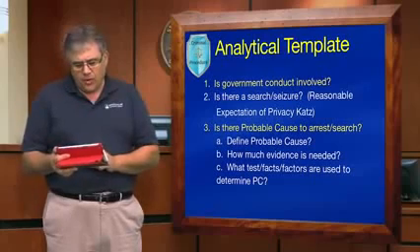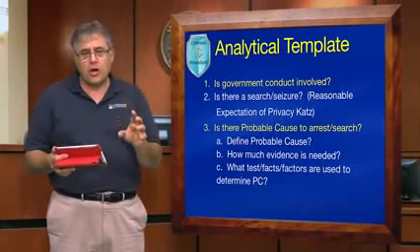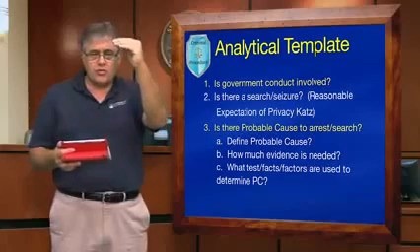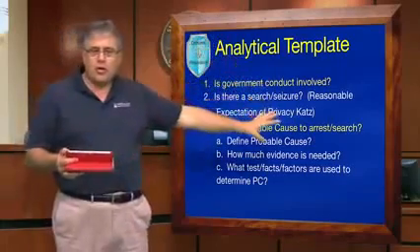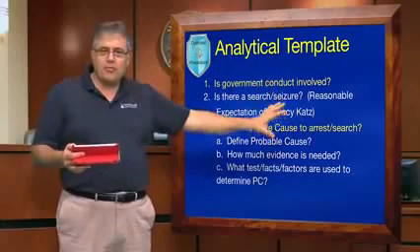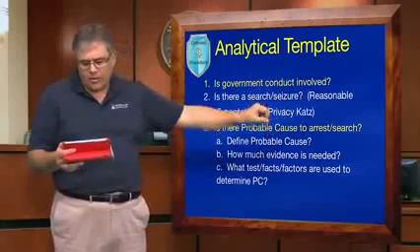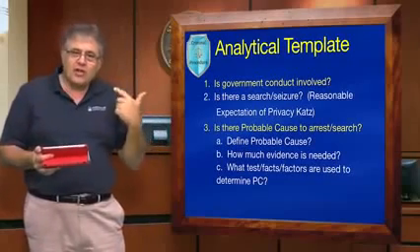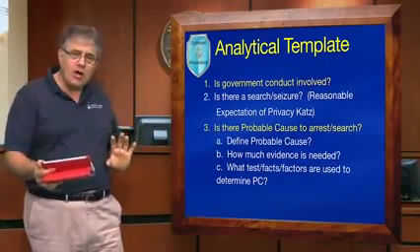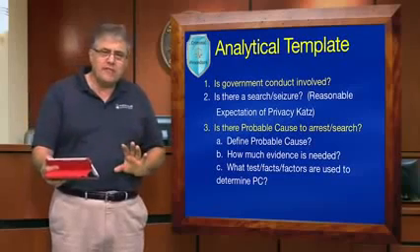Once we've done that, we then look for probable cause. So, government intrusion, expectation of privacy, probable cause. And as I think about probable cause, I need to define probable cause. Is it for arresting or for searching? Was there evidence there? Remember, I now know that the evidence, I need reasonable belief.